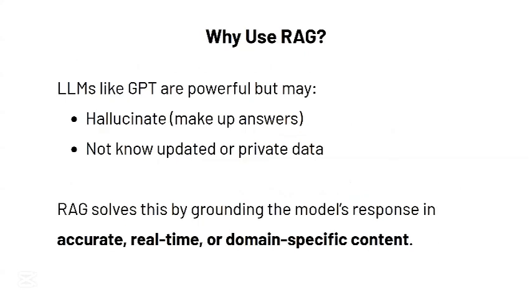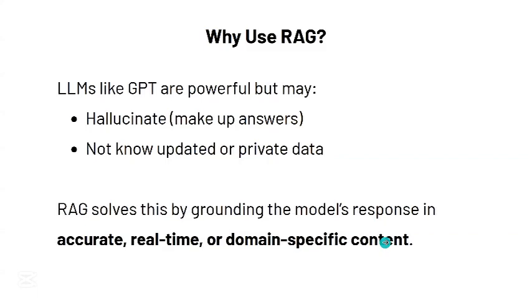Okay, why do we want to use RAG? As I told you before, there can be hallucinations when we are directly using large language models like ChatGPT or other models directly. And also those are not up to date. I think ChatGPT was trained up to 2023 at the latest.